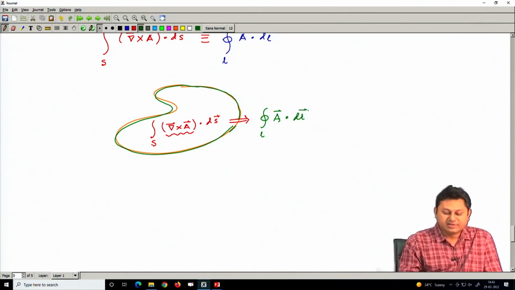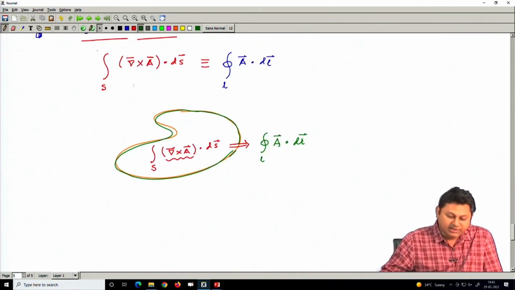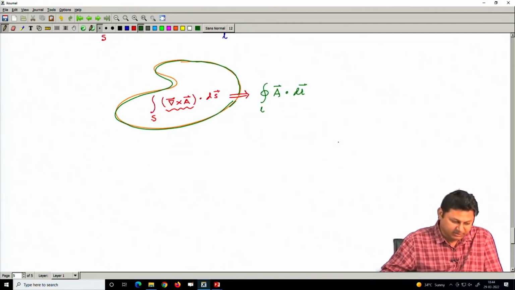So that is the statement. First I take the curl and then do the surface integration, and whatever value I get is a scalar quantity. Then I compute the line integral, choosing the line such that it encircles the entire surface. That is the mathematical statement.